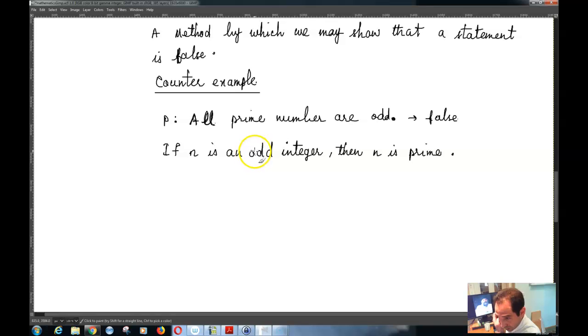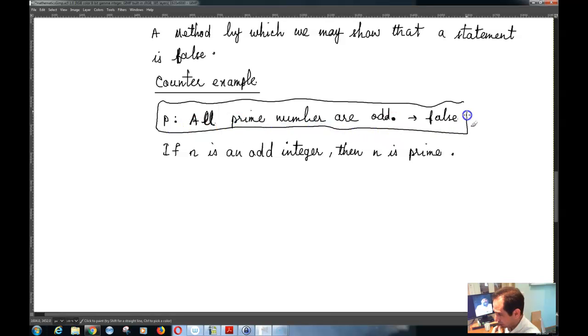So if n is an odd integer, so you have basically all of these integers, positive, negative. That's exactly what I said over here, but I changed it a little bit. I said that all prime numbers are odd. Here we said the statement is if n is an odd integer, then n is prime.